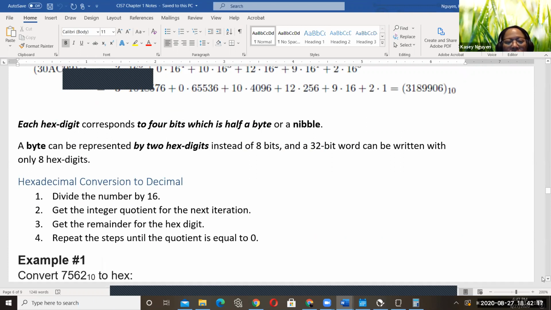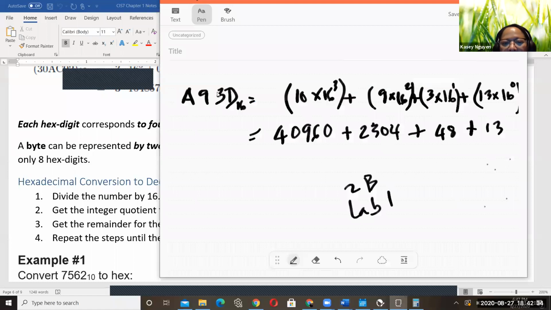Now, right before we do the other conversion, I want you to look at this real quick and make notes of it. It says each hex digit corresponds with 4 bits, which is half of a byte, a nibble. So whenever you write out the hexadecimal, you would know that the D here would represent 4 bits in binary.